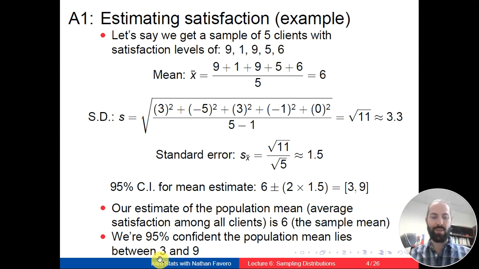That's a huge range. We don't know if the average client is very satisfied, close to a 9, or quite unsatisfied, close to a 3. The reason that we get such a big range is because we just collected this tiny sample. We can't create a very meaningful estimate based on a sample of only 5 clients.